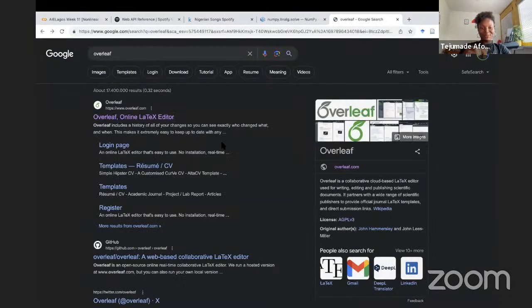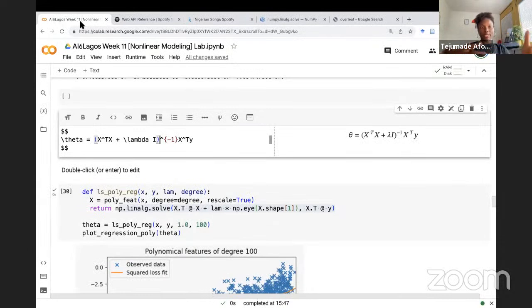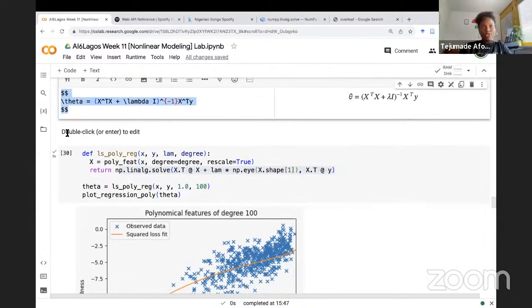I did not want to show that before. If you click on Overleaf, you can write LaTeX formulas. You can also have it on your computer, but usually people use Overleaf on the web to write papers and anything else that makes it easier for you. So in case you're curious, this is Overleaf.